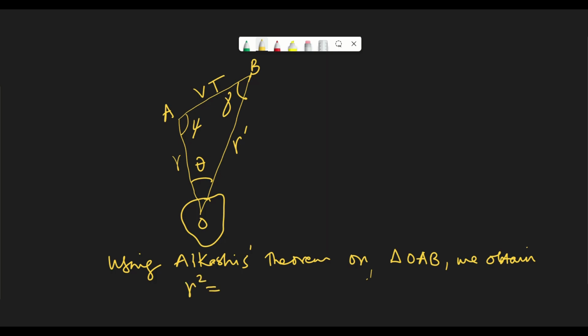R square is equal to R prime square plus V square T square minus 2 R prime V T cos gamma.